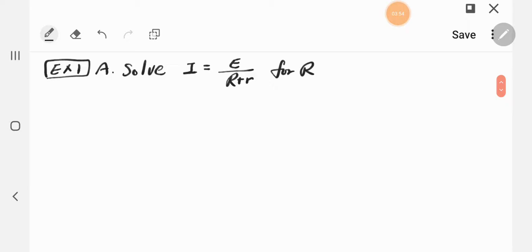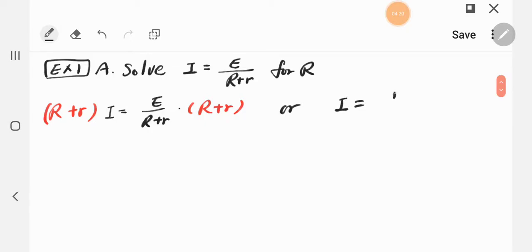In this case, we can just multiply both sides by R plus r. Or you can do a cross multiply if you are not sure.